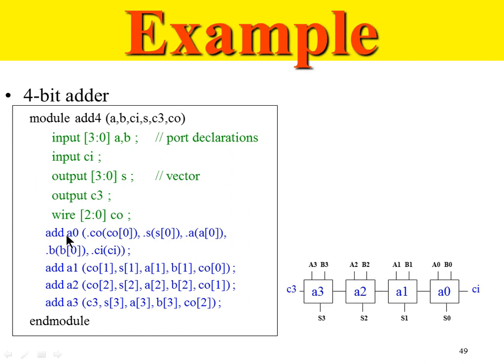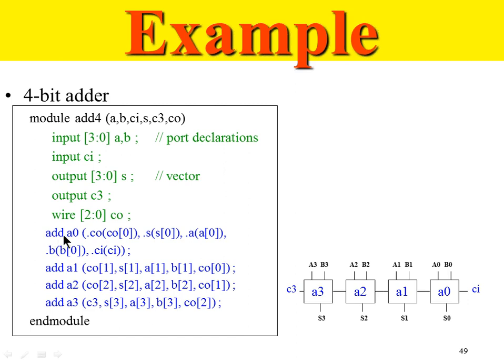The module can be instantiated. This is called port mapping. Basically, we are mapping ports. The .CO, .S, .A, .B, .CI are the internal port names of this adder. So this A0 adder will have a separate module called add.